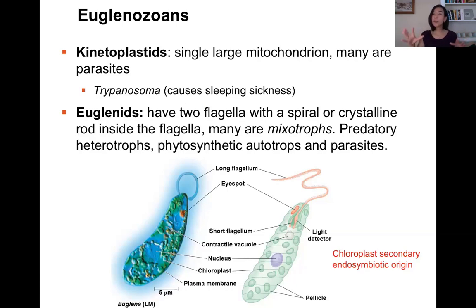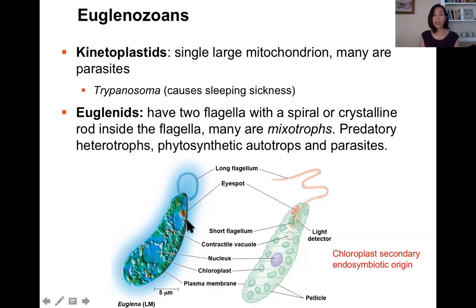Mixotrophs refers to their ability to photosynthesize, right? Because they have all of these chloroplasts in here, but it is also able, in the absence of light, for example, when these chloroplasts won't be working, to switch to being a heterotroph and become a predator.